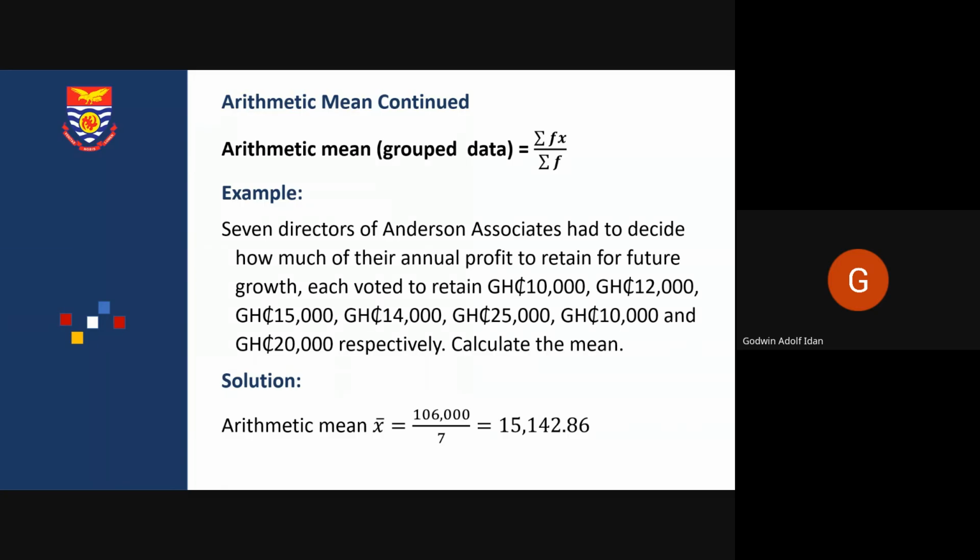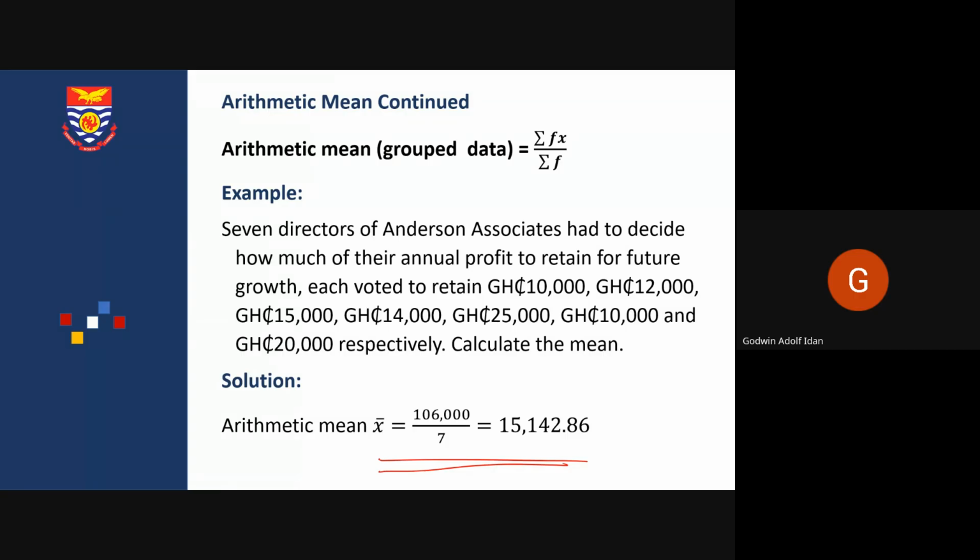When you have 7 directors in a company saying that out of the profits we had, we should retain a certain amount, there are various suggestions of amounts that should be retained, which can be added together. So this is just the arithmetic mean for ungrouped data.